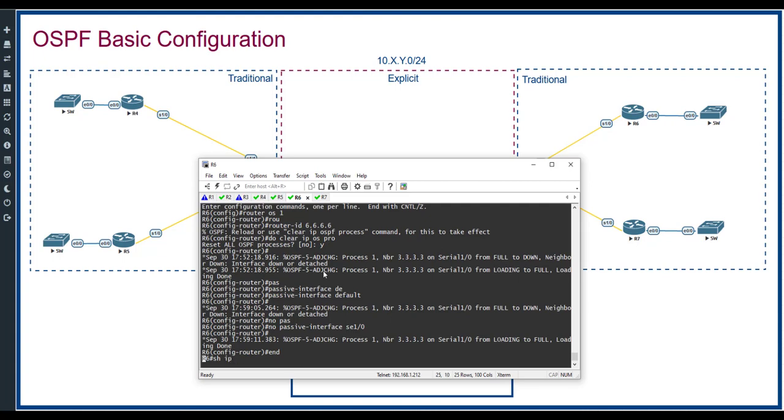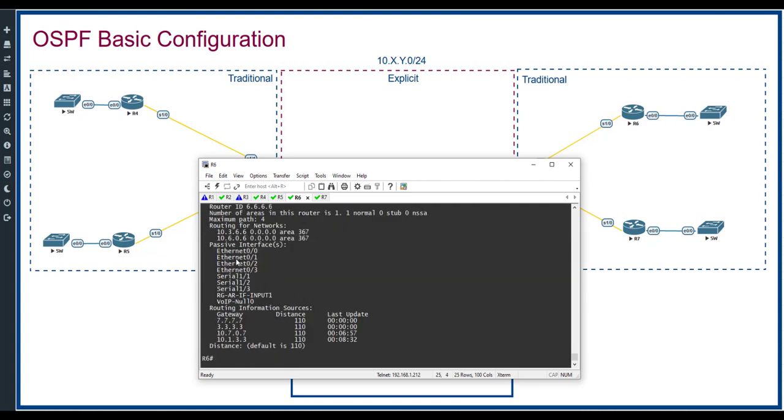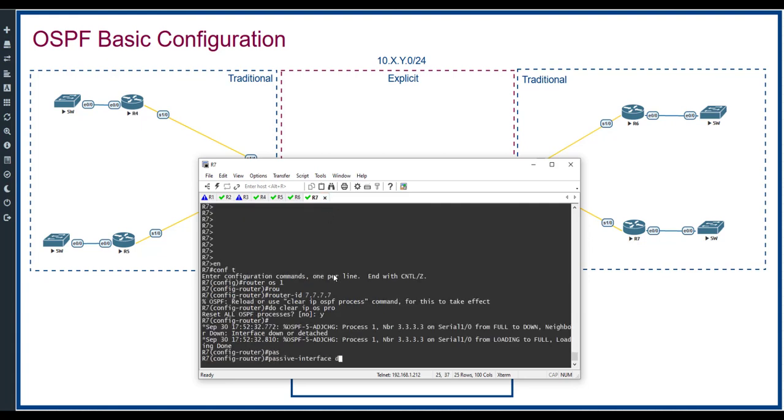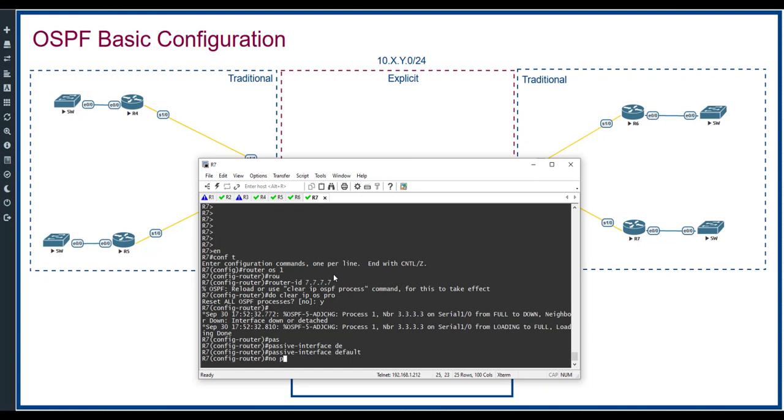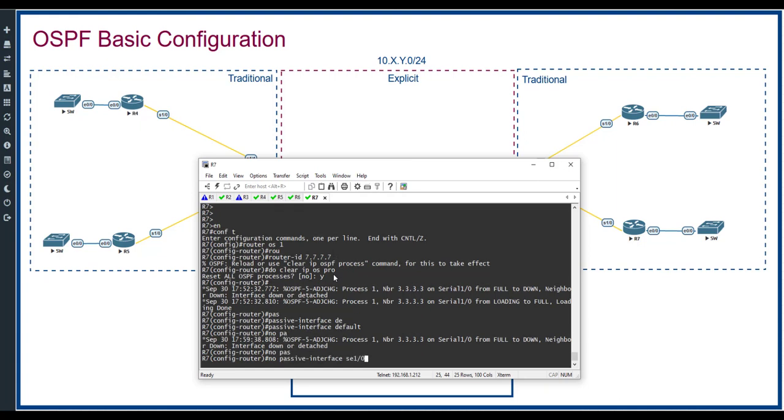Show IP protocols shows us that all of these interfaces are passive, and only serial 1/0 is non-passive. As you can see here, we don't have serial 1/0 in the passive list. Also in router 7, let me configure passive-interface default, no passive-interface serial 1/0.